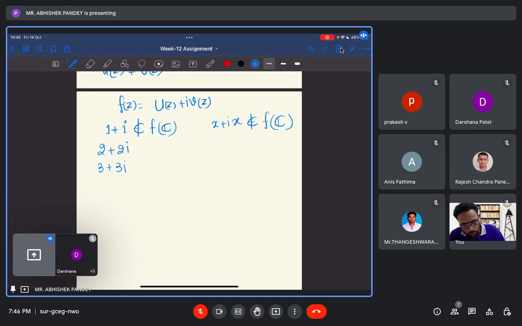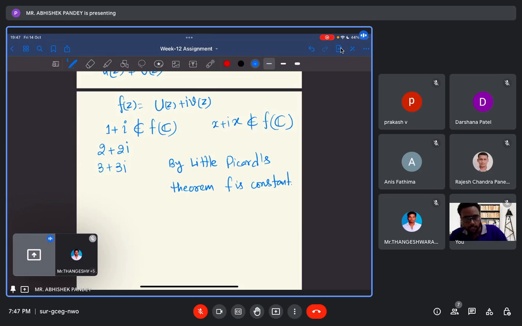All these points don't belong to f of C, isn't it? So by Little Picard, f is constant.